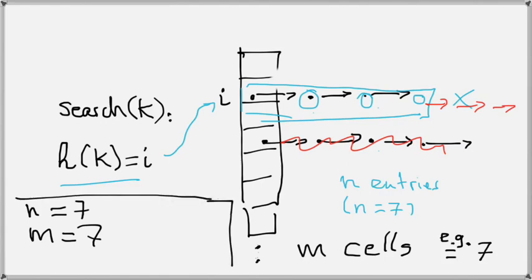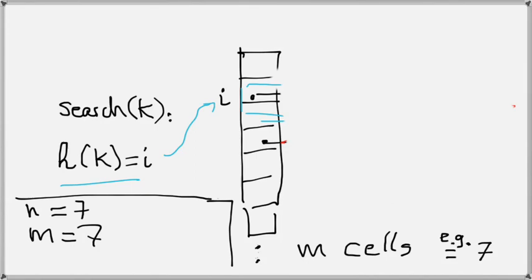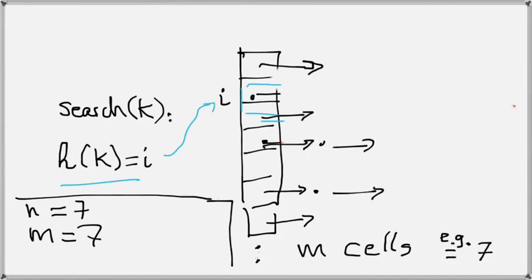Now if the elements are distributed somewhat uniformly, let's say we might get something like this, then on average the number of elements that I'm going to look at is the average list length. So if m is 7 and n is 7, the average list length, as you also see in this example, is simply 1.